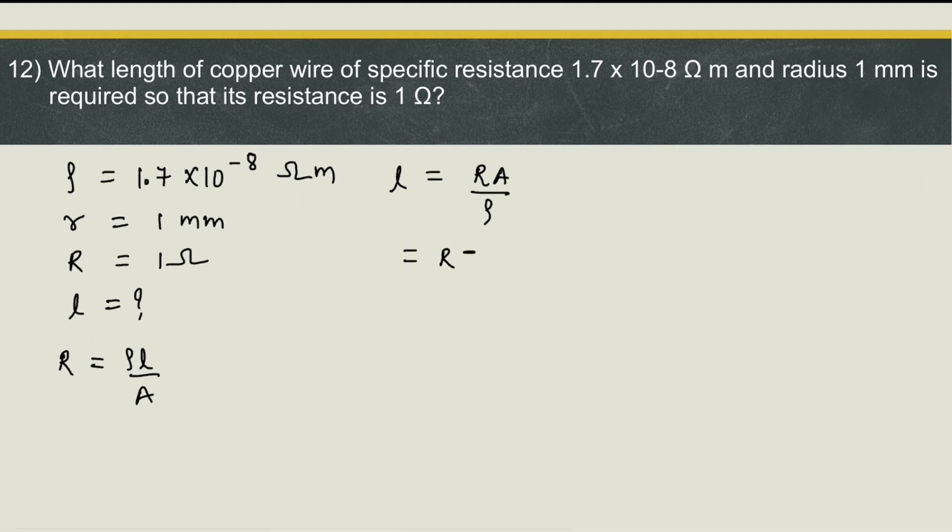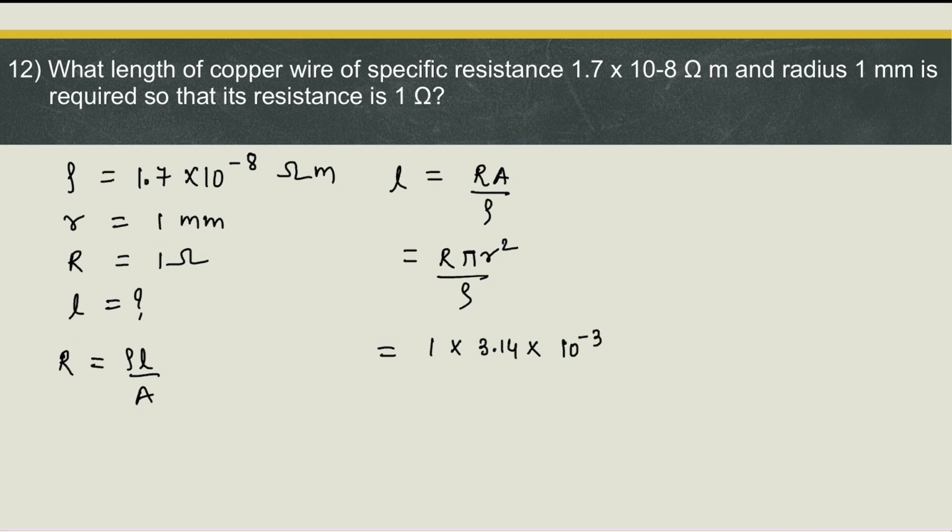Area is pi r square. So L is R pi r square upon resistivity. Now let us substitute the values. R is 1 ohm, pi is 3.14, radius is 1 millimeter, which must be converted into meter.